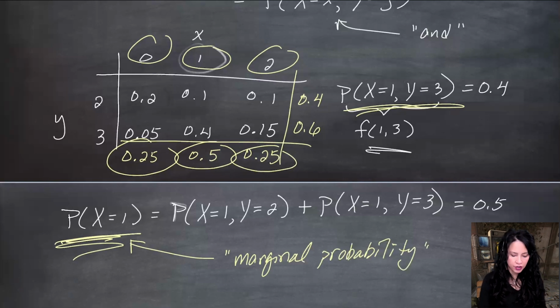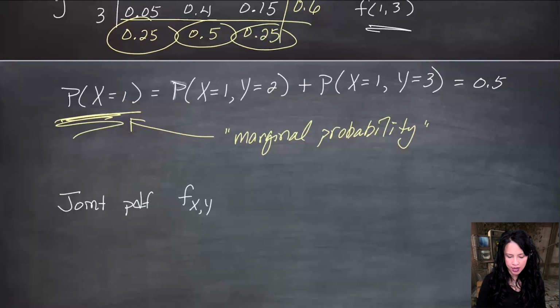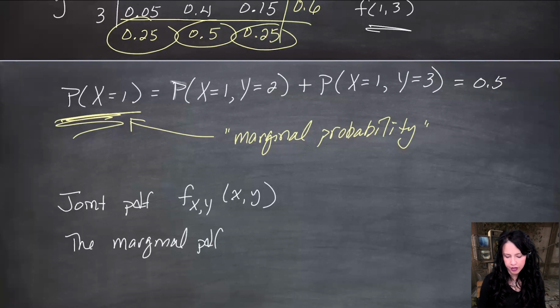And if we start with a joint PDF, f of x and y, the marginal PDF for x is gotten by taking that joint PDF and just summing out the y values.